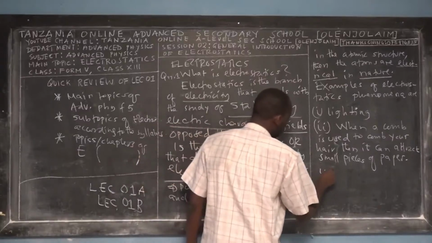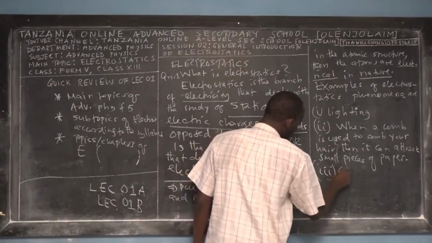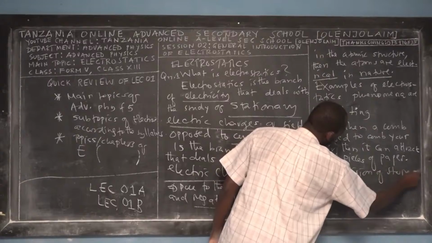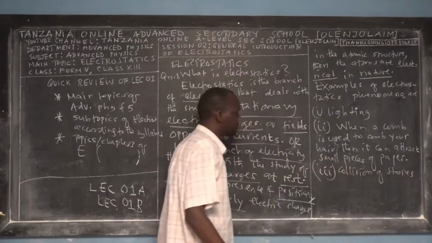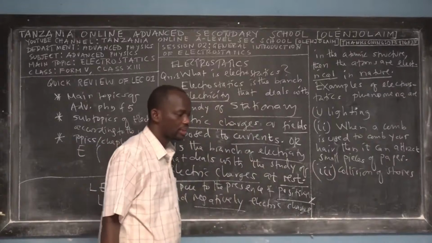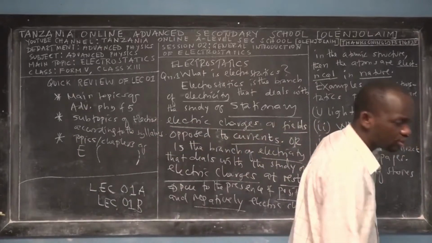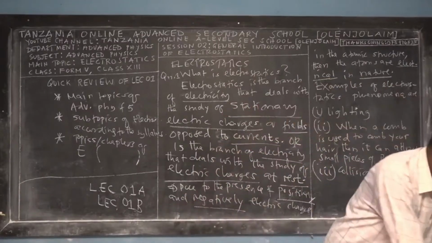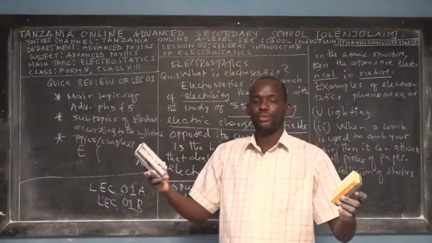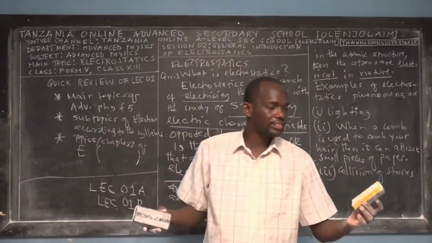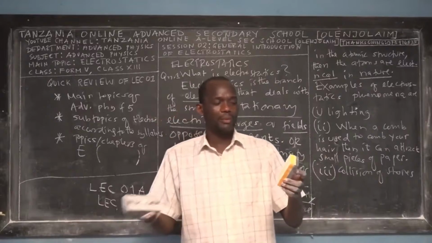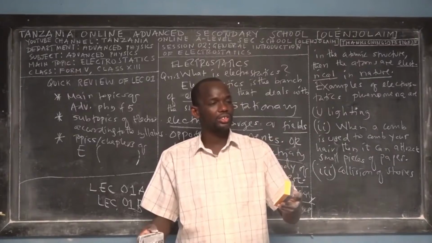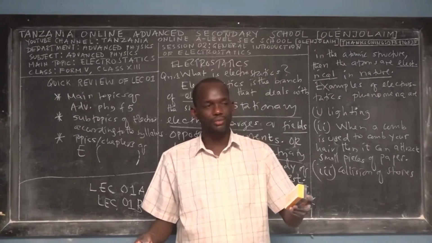Again, collisions of stones. I experienced this collision of stones when I was young, because I lived in a place where there are small stones. When you have a stone like this one and this one, and you cause either elastic or inelastic collisions, regardless of the type, if you allow them to have a head-to-head collision, then fire happens, flashes of light happen.